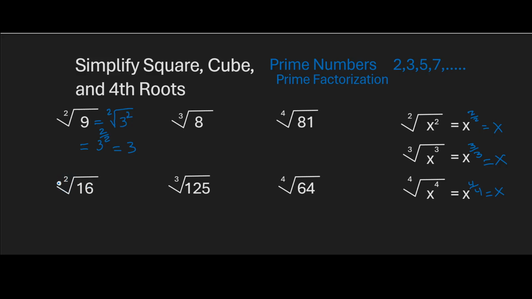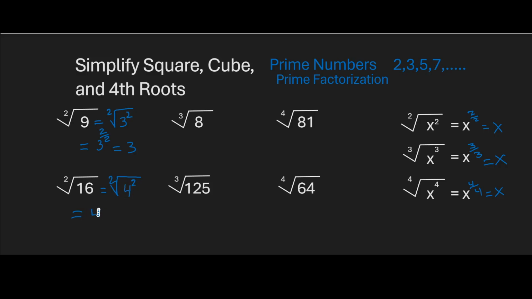Let's do another one also. This one is the square root of 16. We're gonna rewrite 16 as a number to the second power. Well, if that is the case, it's gonna be a product: 4 times 4, that'll be 16. That means that I can write 4 to the second power. The number outside is gonna be 2. And now to get the answer, all we're gonna do is divide. This number 2 is gonna be dividing the exponent.